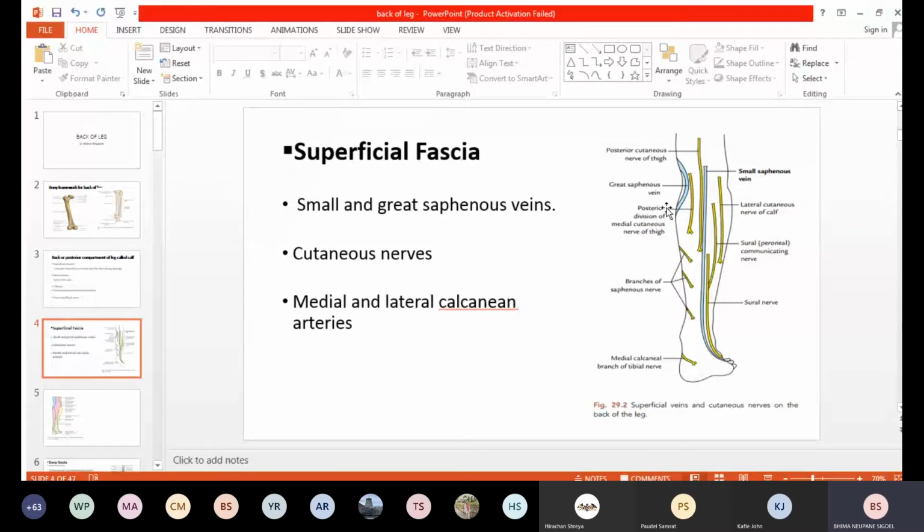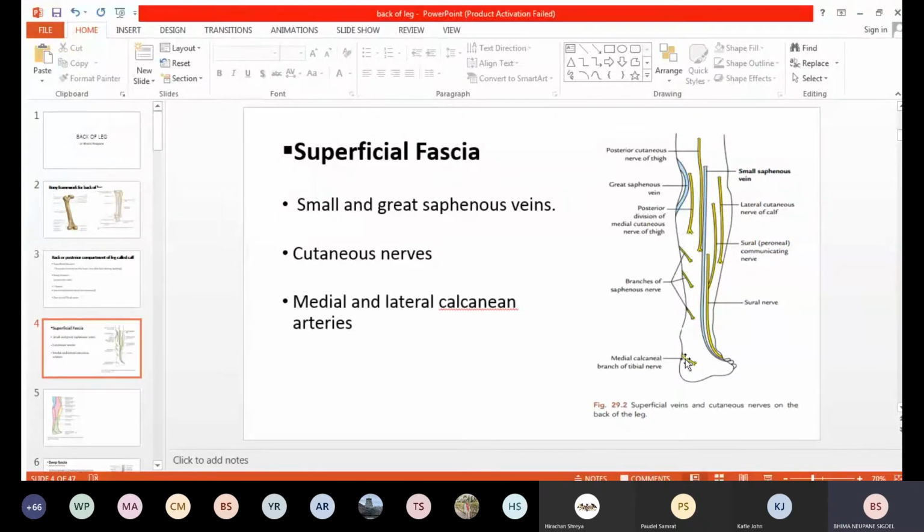Along with that, in the superficial fascia, in the upper part, you can see a small twig, that is the great saphenous vein, only in the upper and the medial part of the posterior compartment of the leg. Okay, this is the great saphenous vein. Its other course is on the medial side only. Along with that, you can get the cutaneous nerves or the sural nerve also there. Sural communicating nerve, lateral cutaneous nerve of the calf, and these are branches of the saphenous nerve.